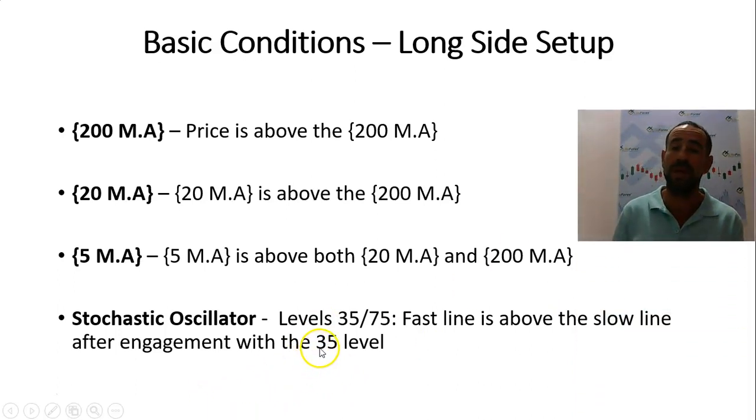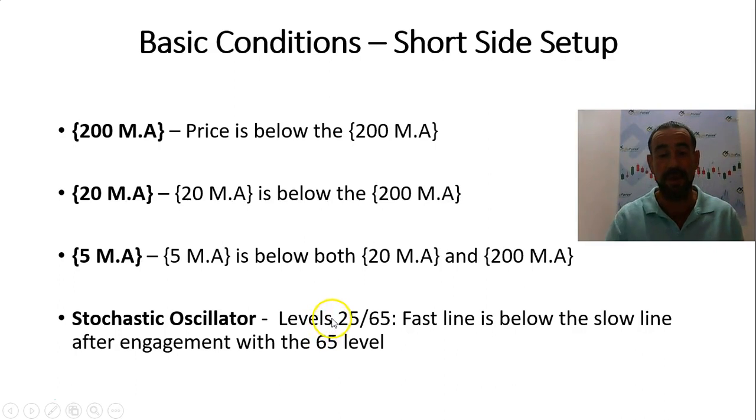For a long side setup, the levels are 35 and 75. For a short side setup, the levels are 25 and 65. These are the levels inside the stochastic oscillator.